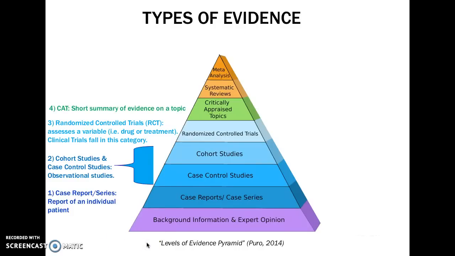My favorites are CATs, which are critically appraised topics. CATs are a short summary of the evidence on a topic of interest, and usually it's focused around a clinical question. So a CAT is like a shorter and less rigorous version of a systematic review, which we'll discuss next. It summarizes the best available research or evidence on a topic.